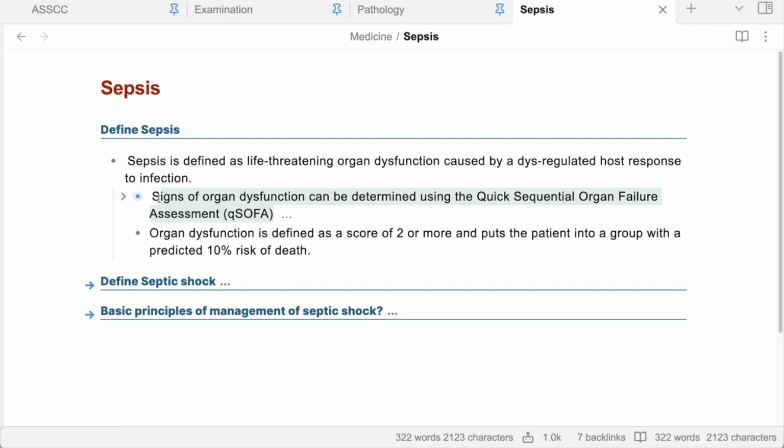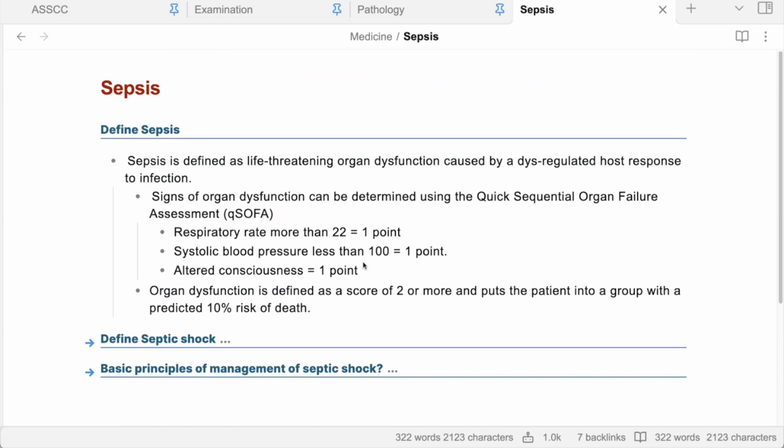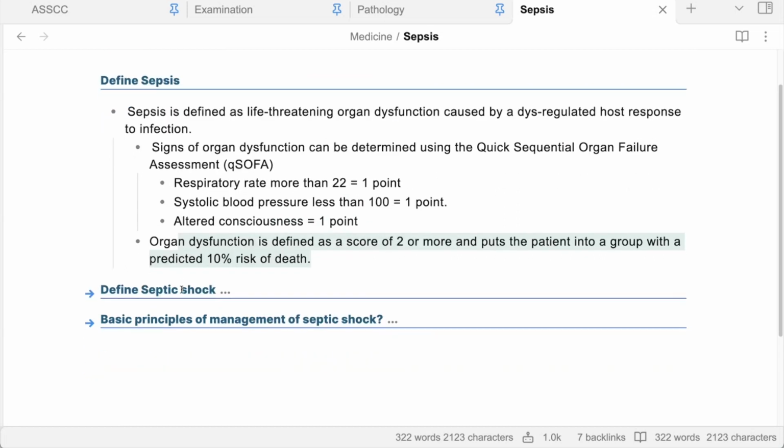The qSOFA score was used until about 2016, and after that they're using the NEWS score instead. So to be honest, I wouldn't even mention it in the exam. I will just define sepsis as that, and if I'm asked about it, okay. Just the definition is the most important. You can also mention the mortality risk if you're asked for it.